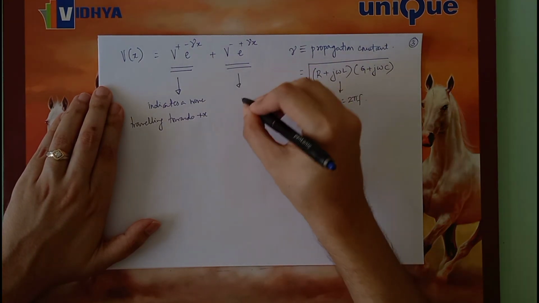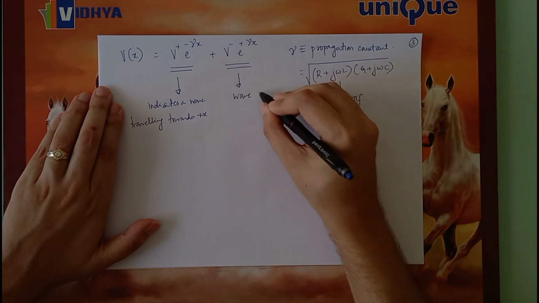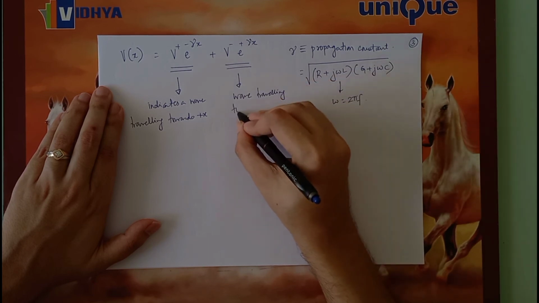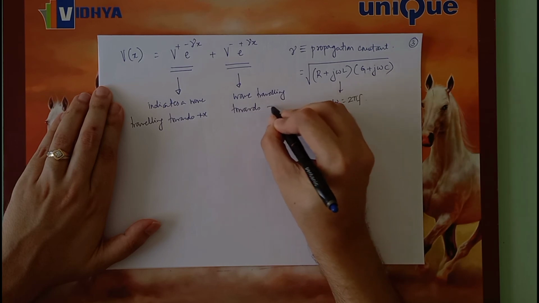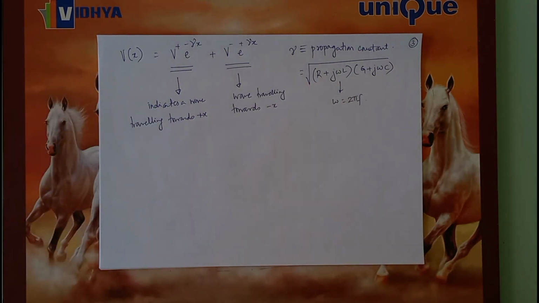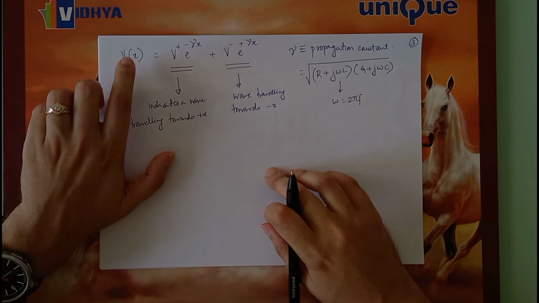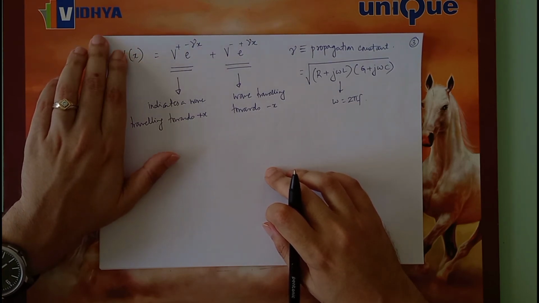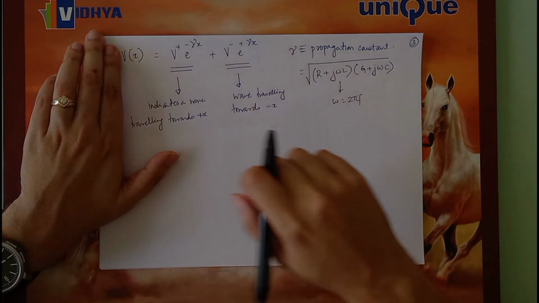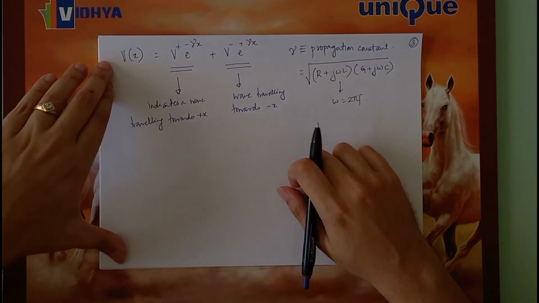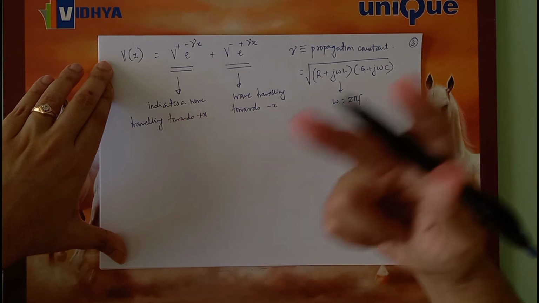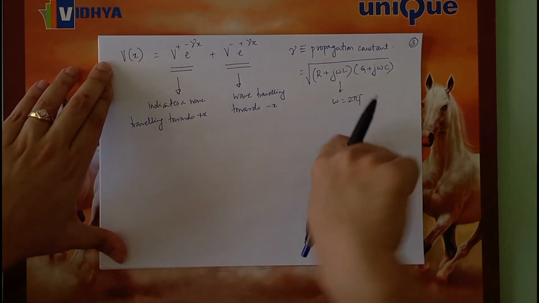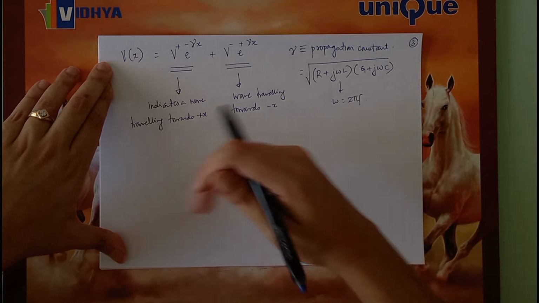And this one indicates a wave traveling towards minus x direction. So effectively, if you solve for the voltage on the transmission line as a function of distance x, you will see that the solution essentially involves two waves. One wave which is going from left to right, the other which is going from right to left.